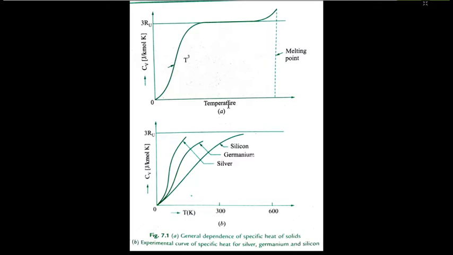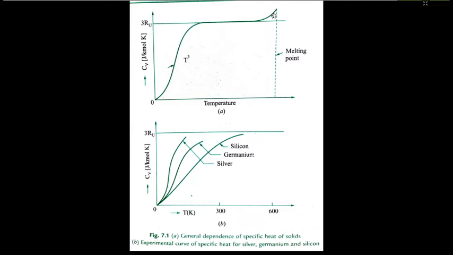Cv versus temperature. The basic trend of the specific heat for almost all materials is like this. At the melting point, the molecules get scattered, that means it changes phase from solid to liquid, and when they move to the liquid, rotational orientation is also incorporated.